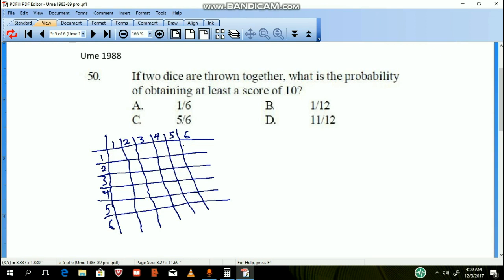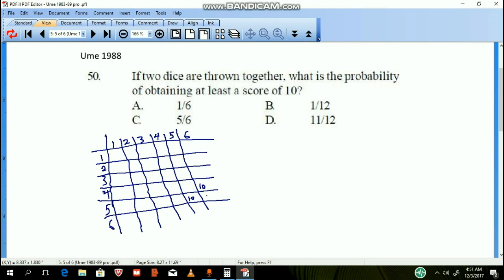I know if I add any of these, it's not going to be up to 10. Likewise, if I add this one, it's going to start from 8. If I add this one, it's going to start from 9. But if I add this one, it's going to start from 10. If I add 5 plus 5, it will be 10.